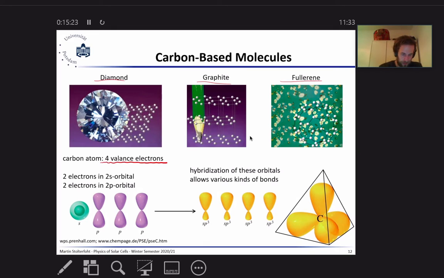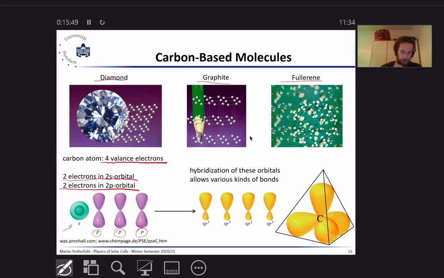In particular, as we discussed already, the s orbital is filled with 2 electrons, and there are 2 more electrons in the p orbitals. So this we have already shown in the last slide: the s orbital, and then there are 3 p orbitals in x, y, and z direction.